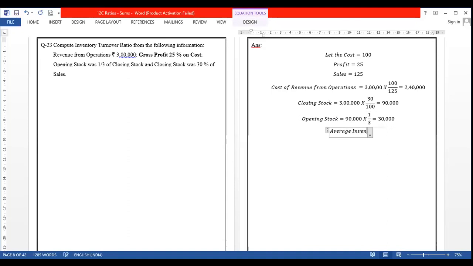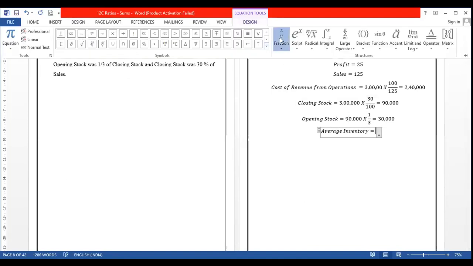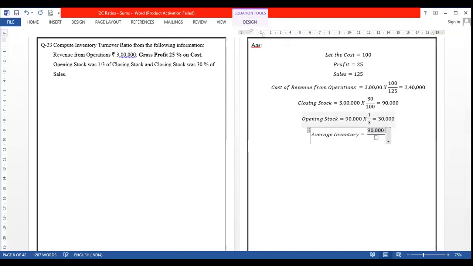Average inventory will be equal to opening plus closing to be divided by 2. Let me place the values directly: 90 plus 30 to be divided by 2. That's 120 by 2, which will be equal to 60,000.